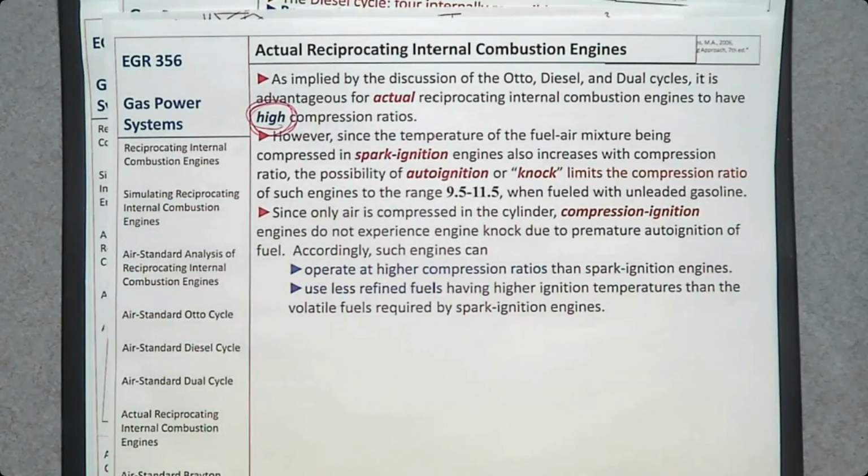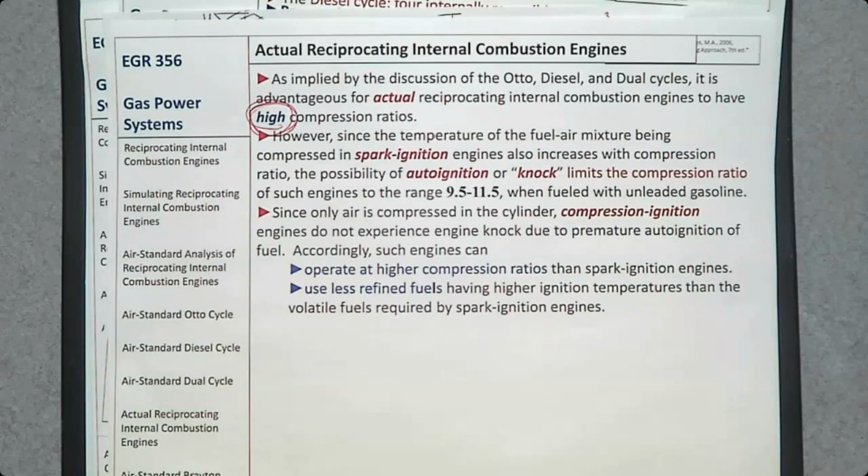However, because of the temperature of the fuel-air mixture being compressed in a spark ignition system, which is a gasoline engine, you cannot compress too much. Then it will self-ignite. So we cannot have a high compression ratio in a spark ignition engine. Otherwise, it will go auto ignition, which is called knock.